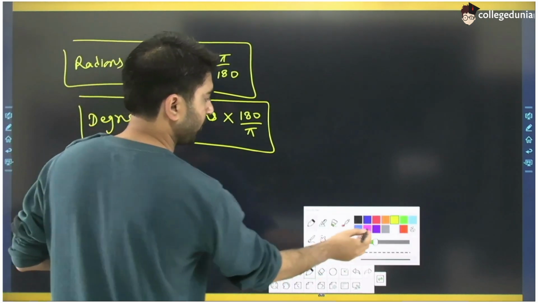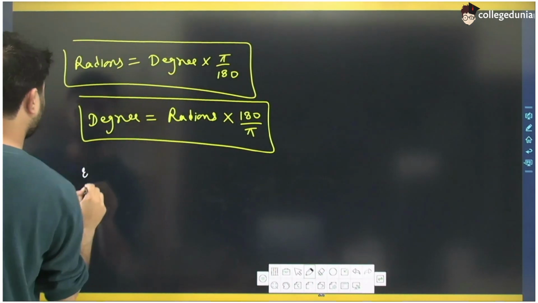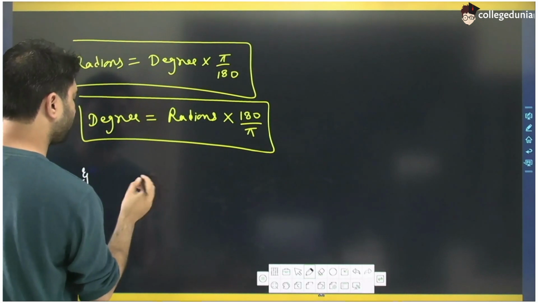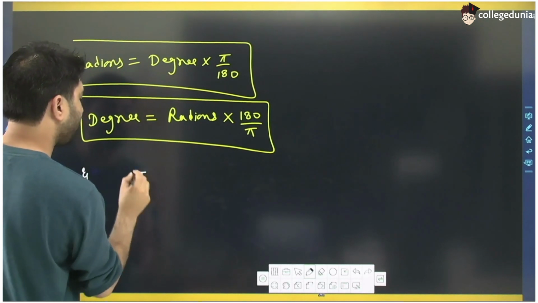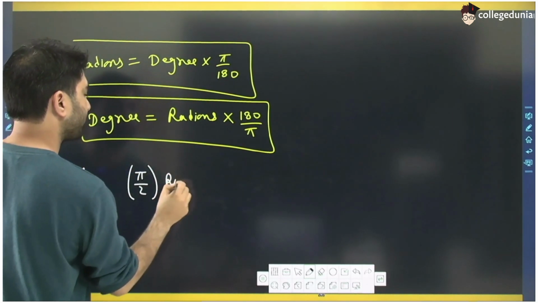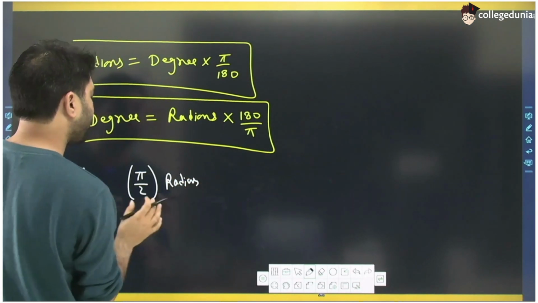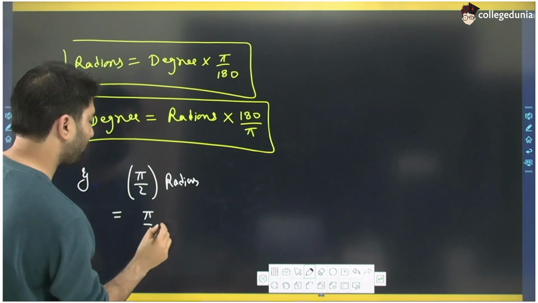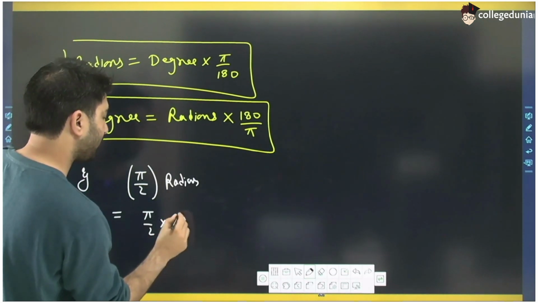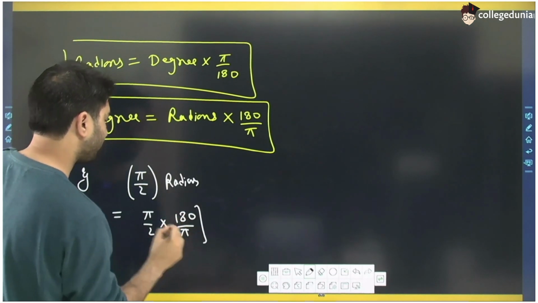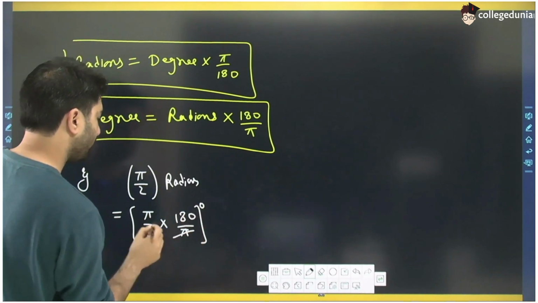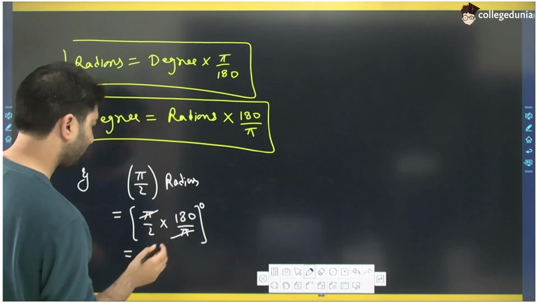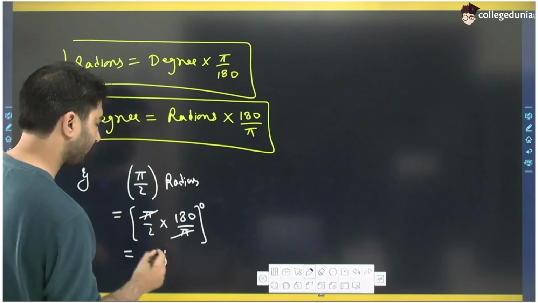Suppose we have pi by 2 radians and we are willing to find the value of pi by 2 radians in degrees. So we will have to multiply pi by 2 by 180 by pi and we will get this answer in degrees. So pi and pi cancel out and 180 by 2 will be 90 degree.